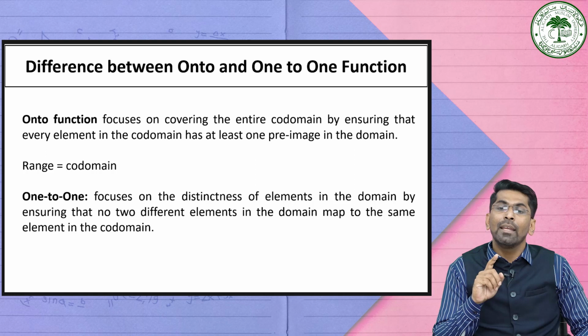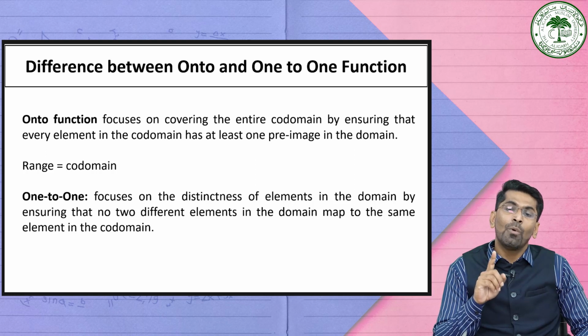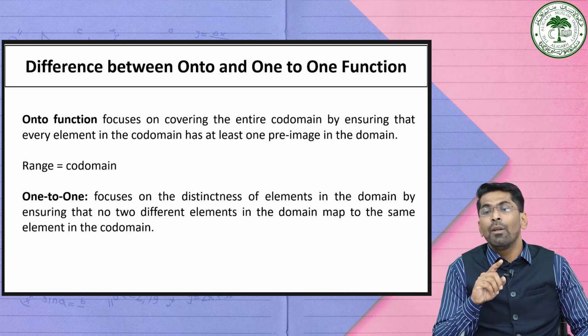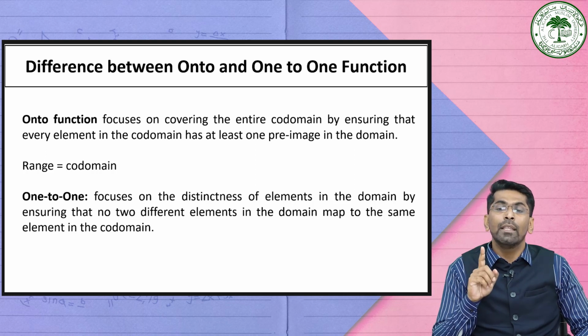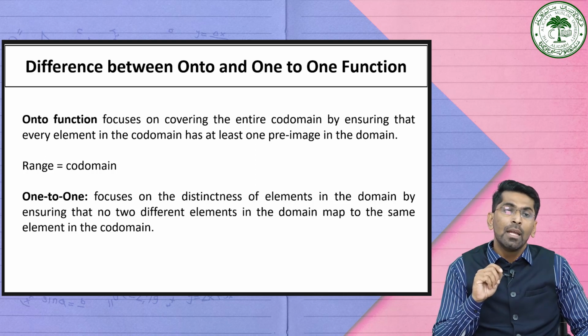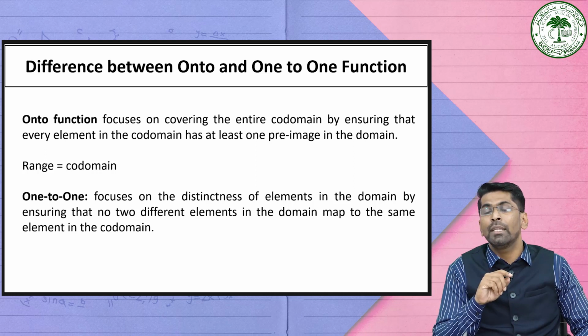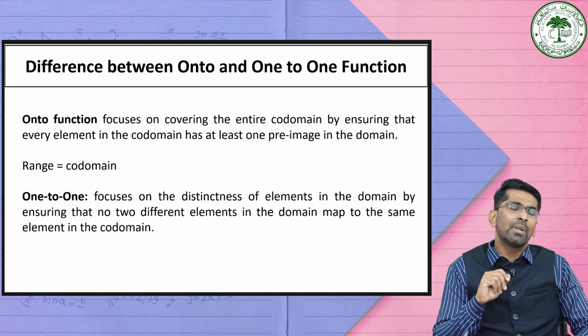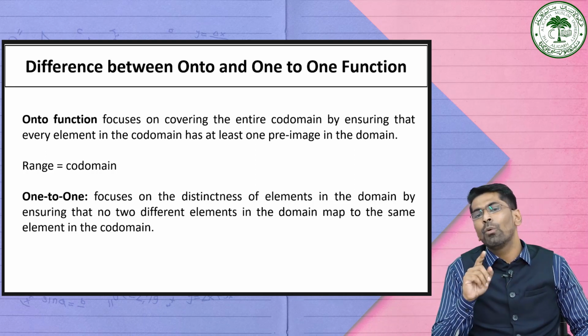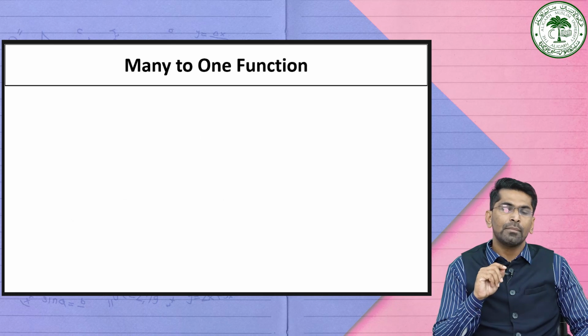That's why the range might be smaller than the codomain in the case of a one-to-one function, and not all the elements in the codomain need to be covered. But in the case of onto, every element of the codomain has at least one pre-image in the domain. So that is the basic difference between an onto function and a one-to-one function.